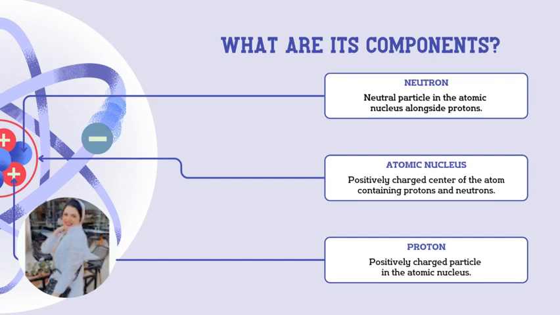So the nucleus is inside the atom and contains the neutron, which has a neutral charge, no charge. Okay, the proton is also found inside the nucleus, which is inside the atom. It has a positive charge.